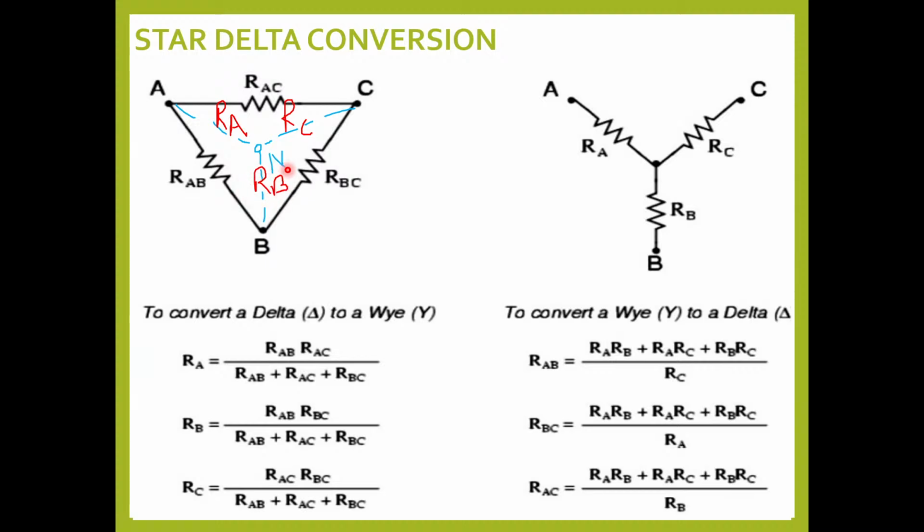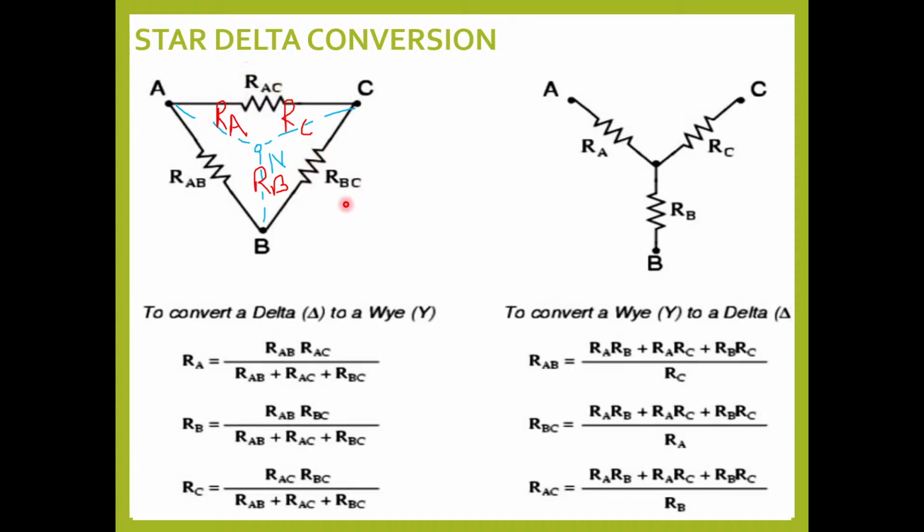What about RB? Just see. Besides to RB, what is there? RAB is there, RBC is there. So RB is equal to RAB into RBC whole divided by RAB plus RBC plus RAC. Okay, that is our RB. What about RC? Besides to RC, what is there?